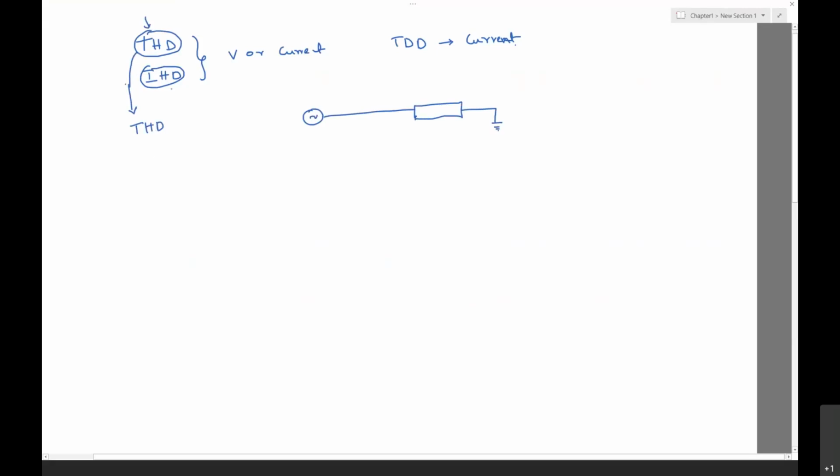Even there, we find the harmonic spectrum, and when you see the harmonic spectrum, we can observe the magnitudes of the individual harmonic content.